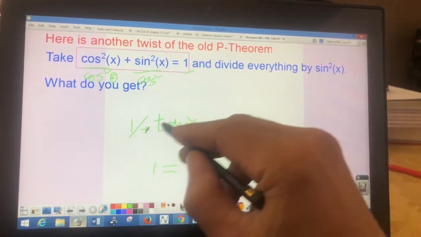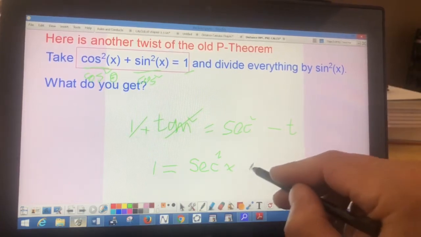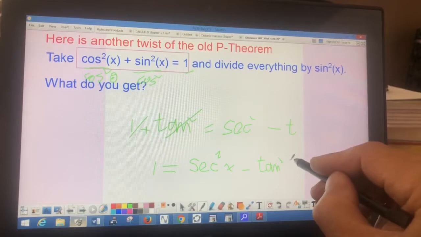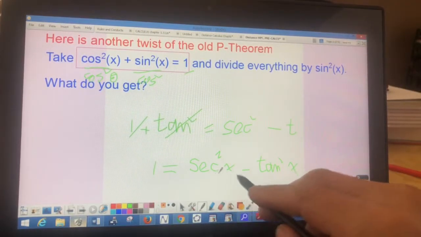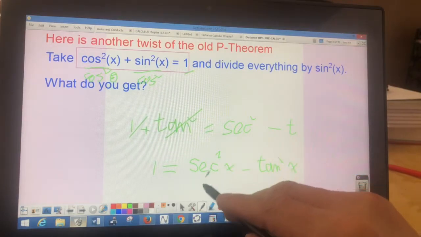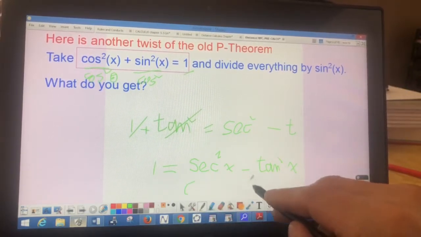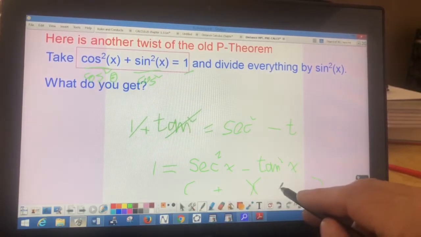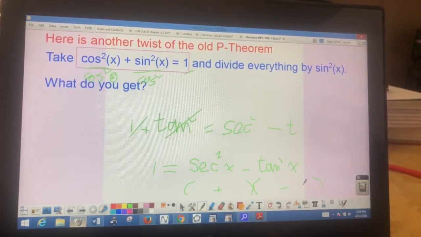If you keep your 1 here and subtract tangent this way, so now you got 1 equals secant square subtracted by tangent square. And again, we repeated this formula before. So if you have one term square, which is a square minus your b square, you can always factor that if you have a minus. So secant, tangent, it goes that way.